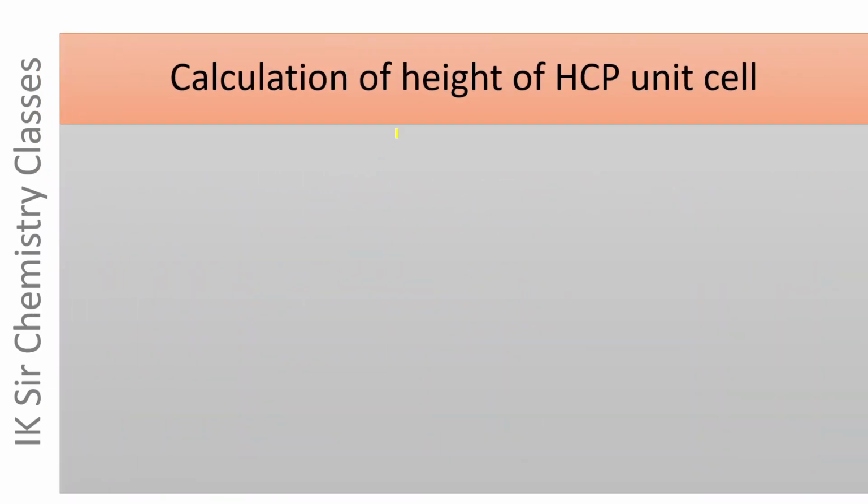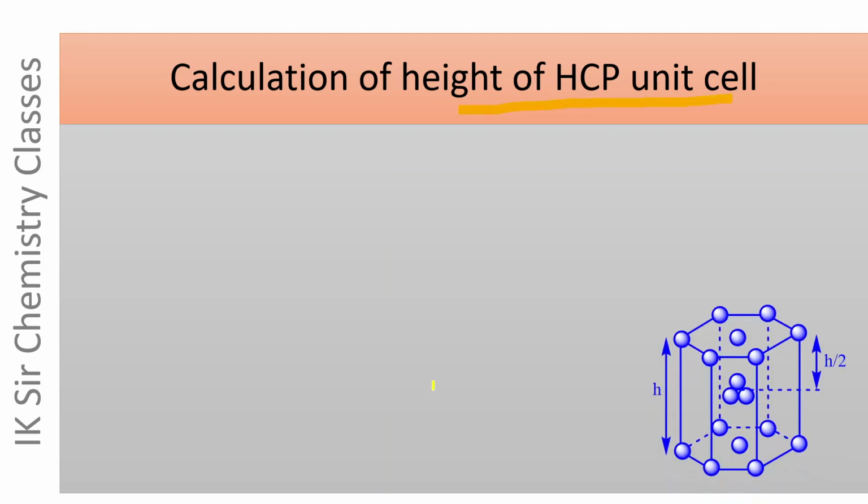Let us calculate the height of the HCP unit cell. This is the HCP unit cell. As discussed earlier, this is the height of the HCP unit cell, and this will be equal to h by 2.